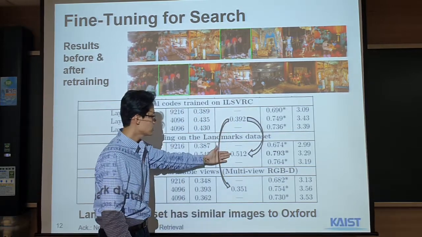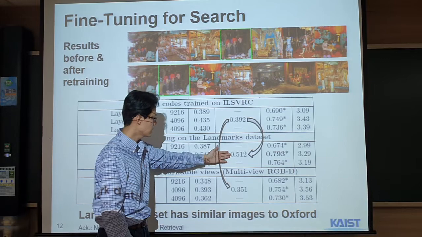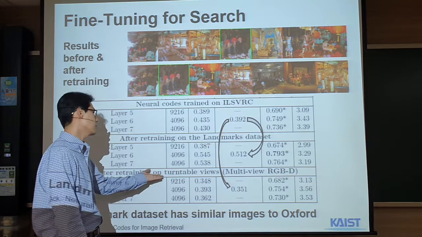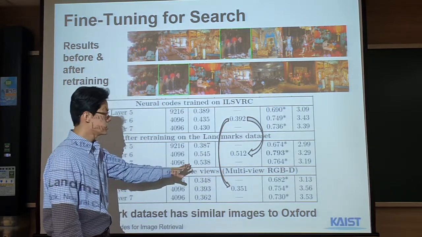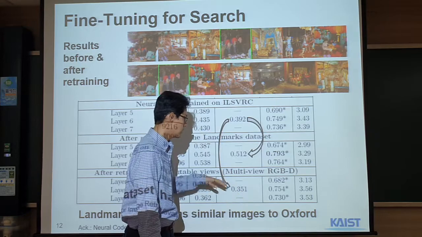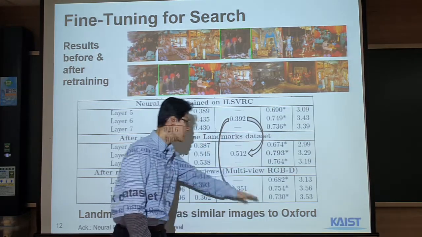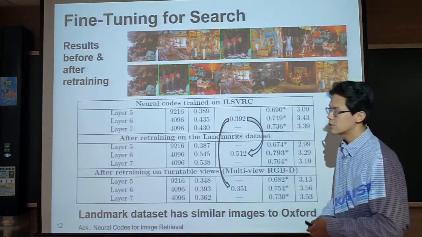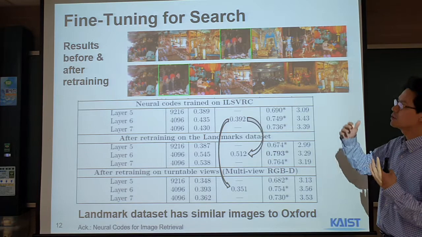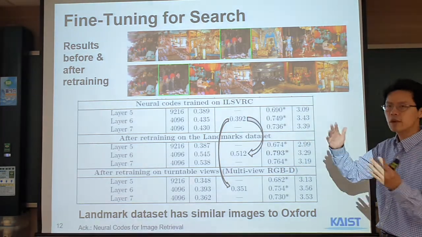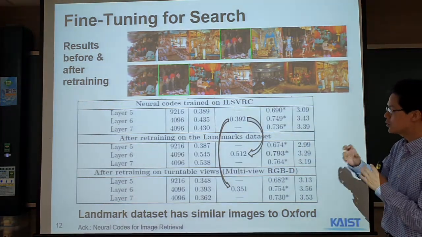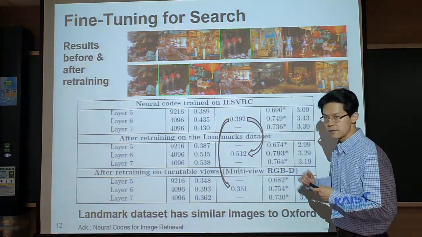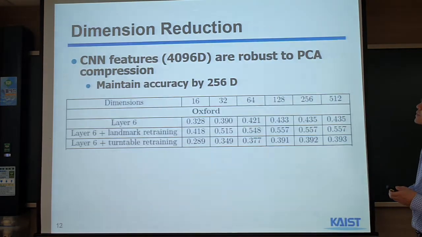They achieved much better accuracy here, 0.5 something like that. But if they do the retraining with some other data set, in this case tunnel view, which is not really similar to their test data set Oxford, they got even lower accuracy. So the main message is that by utilizing an additional data set you can improve the accuracy, but it's very important that you use a data set which is very similar to the test data set, which is kind of intuitive, right?